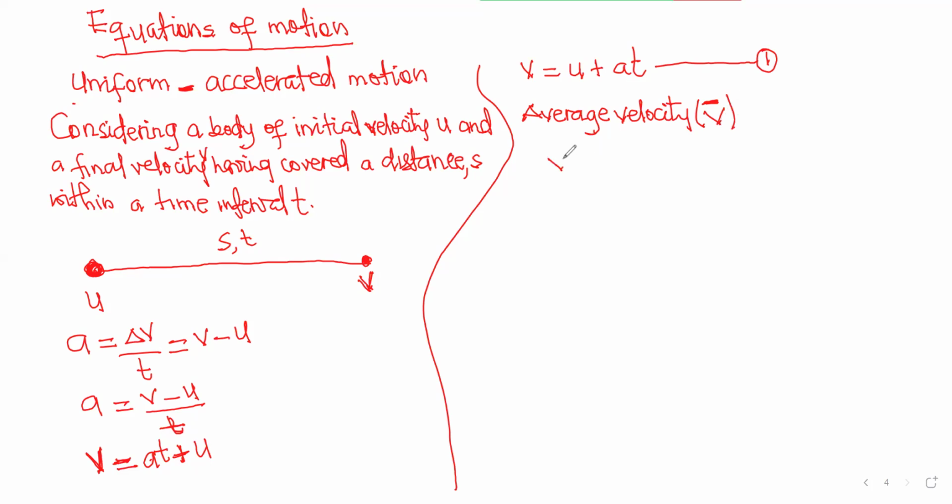So v bar or v av represents average velocity. Average velocity can be calculated as the total distance covered divided by the total time taken.